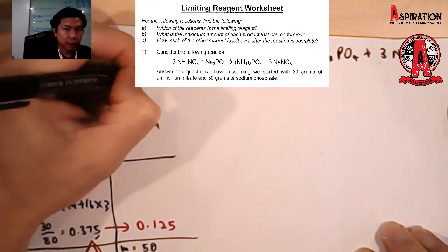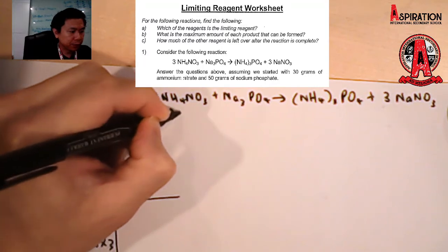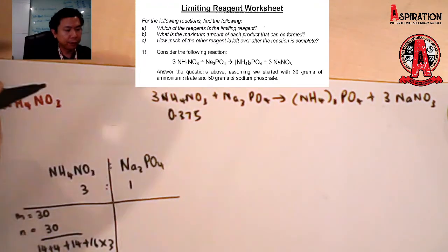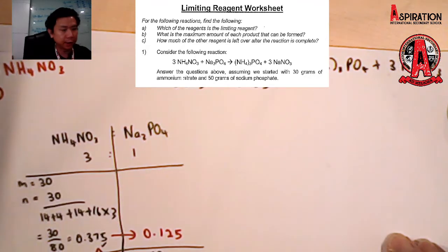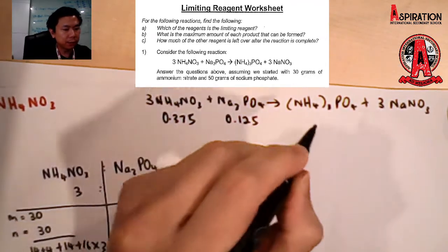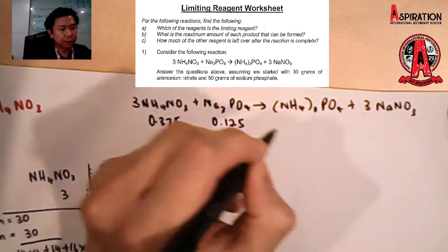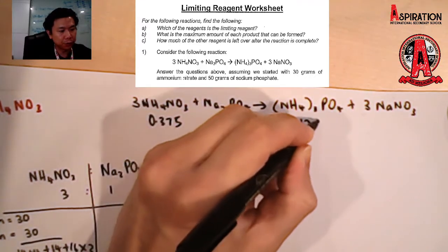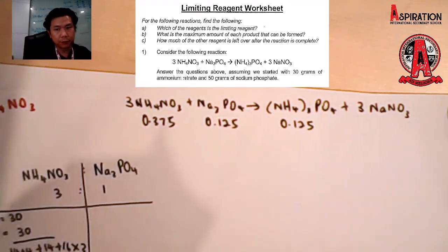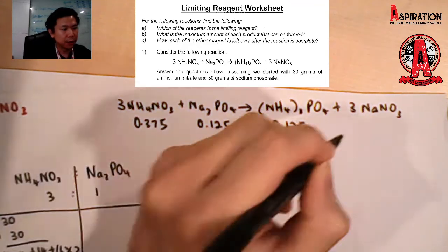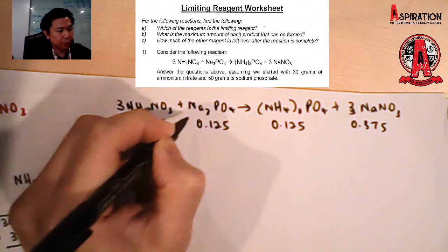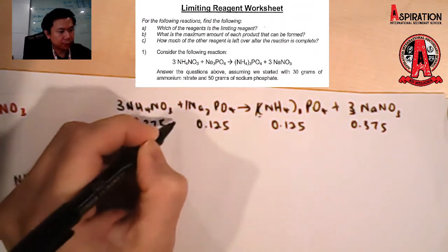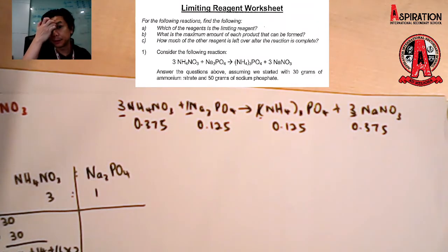So you've got 0.375 moles of ammonium nitrate reacting with 0.125 moles. We already established that earlier on. So how many moles of ammonium phosphate is being produced? 0.125. And how many moles of sodium nitrate is being produced? Well, it's 0.375. We get them from the moles. So that is clear.